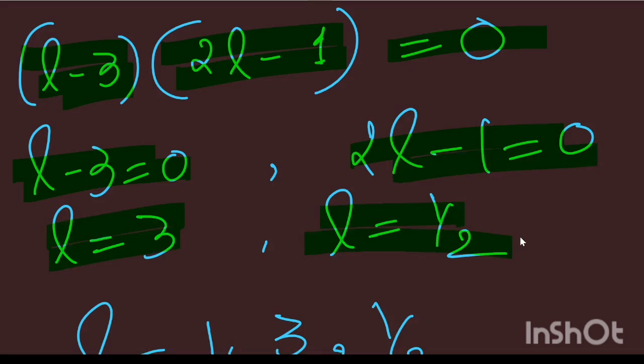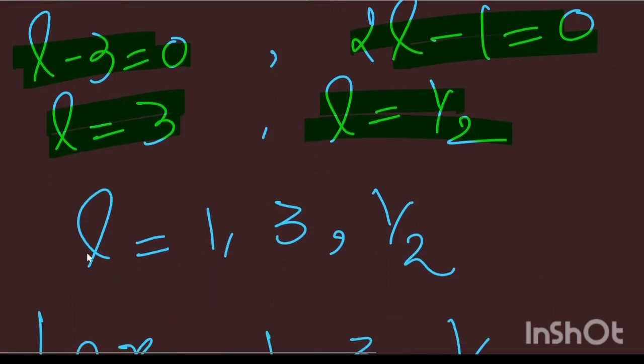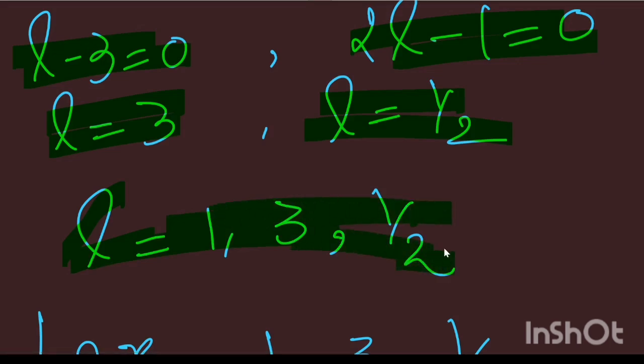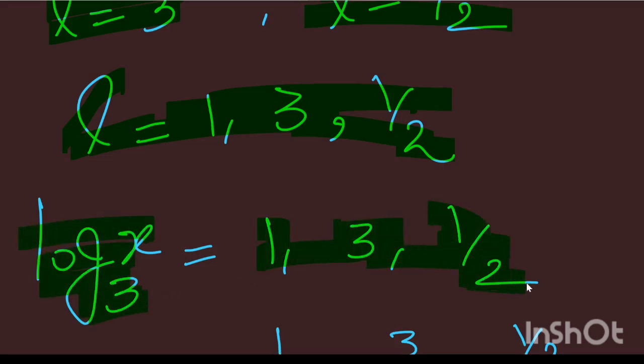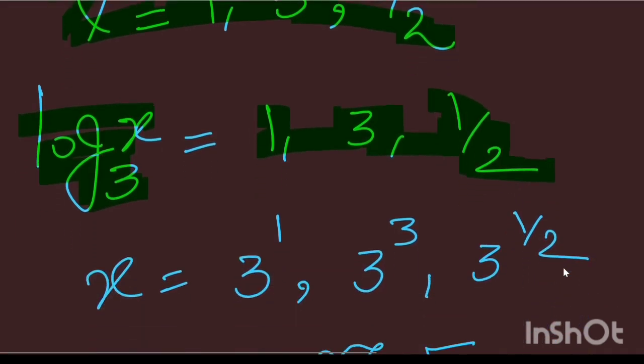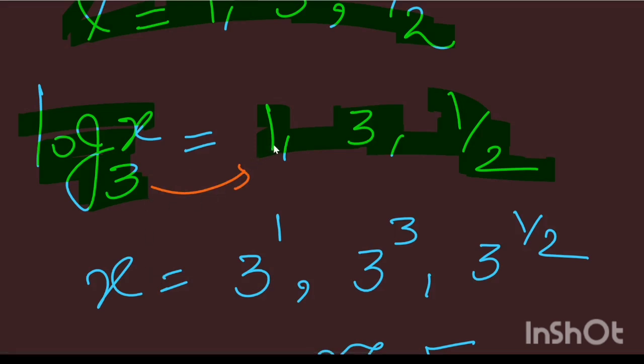So finally we got 3 roots of L, which are 1, 3 and half, and we know that L was log x base 3. We wrote it just so that we can write less. So by using the basic definition, 3 will come and it will push 1, so it becomes 3 to the power 1.